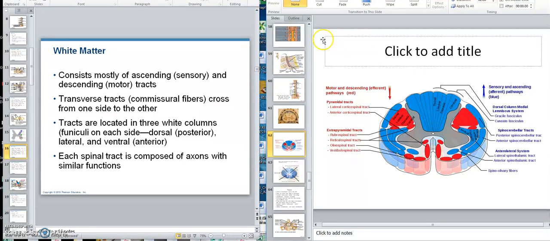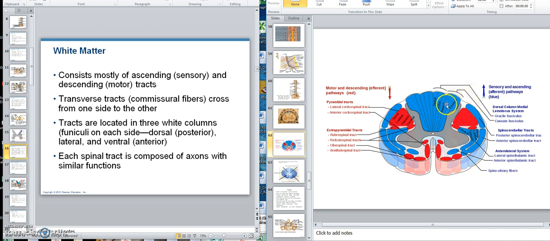Okay? So the tracts then, let's come here. You're looking at some of the tracts that we have. So we have motor tracts that go down because you're going from the brain down through the cord to turn something on. Glands, muscles. Sensory goes up.